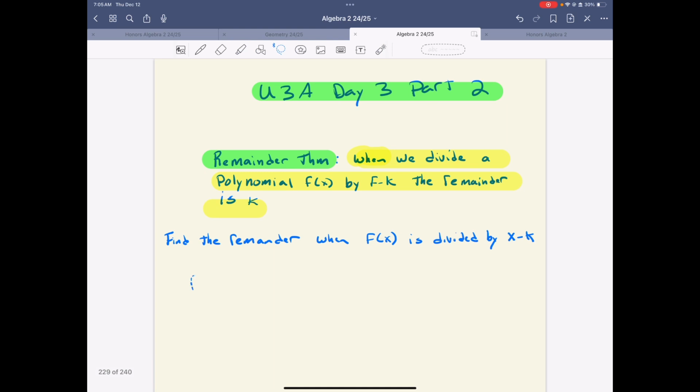So for example, let's say we're given the function f of x is equal to 4x cubed minus 11x squared minus 5x plus 22.